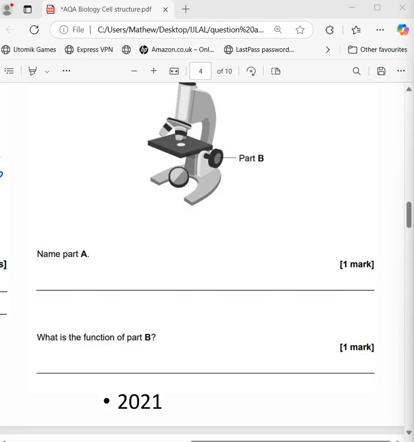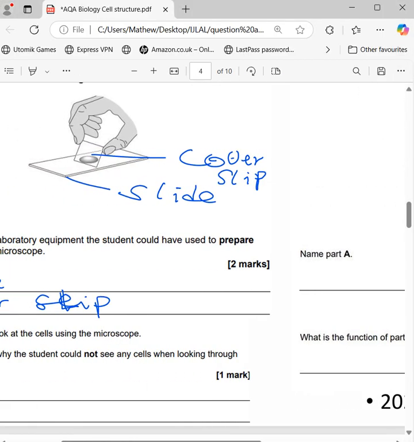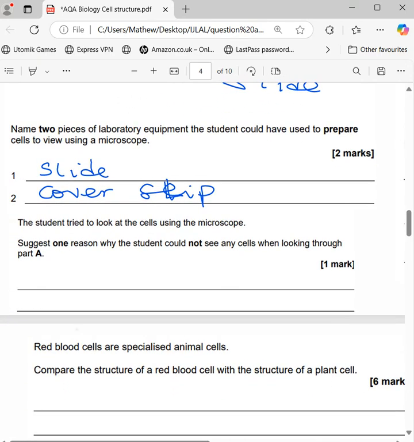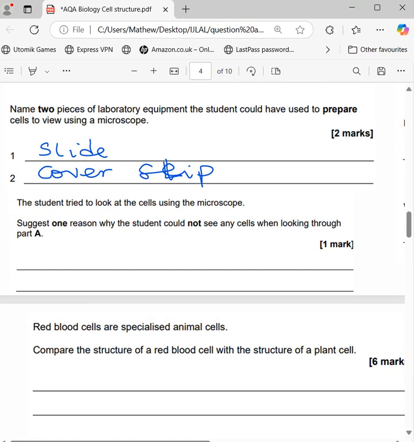Okay, the last question here, I'm trying to be fast. Now, the student tried to look at the cell using the microscope. Just one reason why the student could not see any of the cell when looking through the microscope.